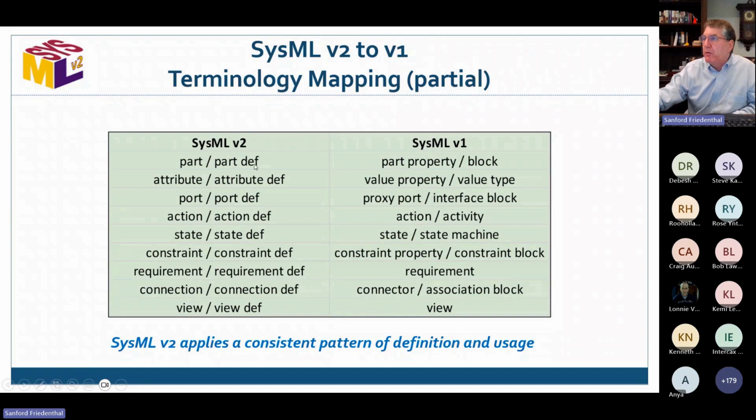Part def is the definition element, part is the usage element. And if you go down here, for example, proxy port and interface block, you see port and port def, or action and action def, or requirement and requirement def. They all follow this very common terminology, but more importantly, they follow a common pattern. So they're not as idiosyncratic as it was in SysML v1.